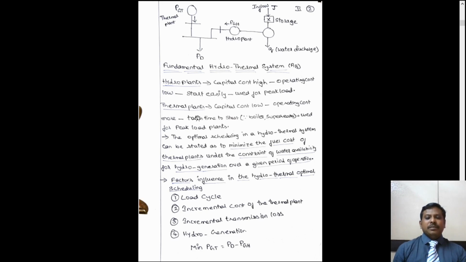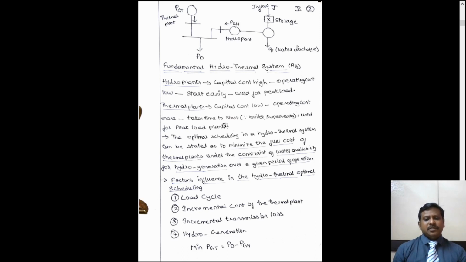Whereas in the thermal power plants, though the capital cost is low, the operating cost is very high, because of the cost of the fuel, which is nothing but your coal. Again, it takes time to start. You cannot start generating the power from the thermal power plant suddenly, because the water has to be converted into steam.